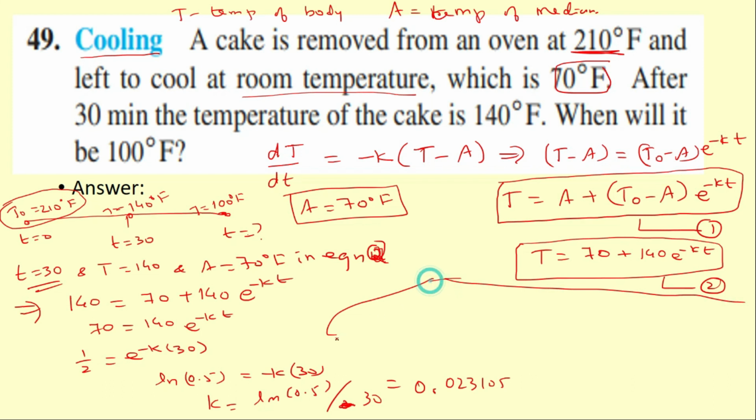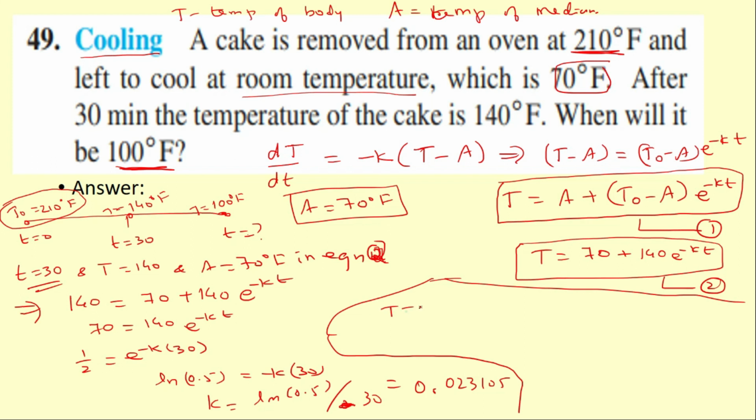Next, after finding the k value, use equation number 2 to find the final t value. When will it be 100 F? If capital T, the temperature of the body, is 100 F, then what is small t? What is the time?